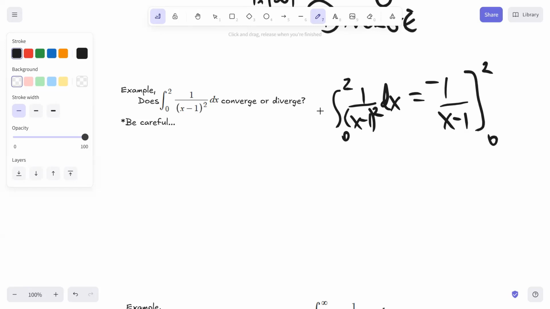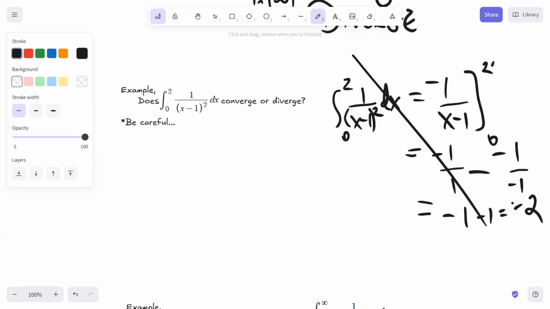Plug in 0 and 2 and subtract, so you have negative 1 over 1 minus negative 1 over negative 1, and you have negative 1 minus 1, so that's negative 2. But all of this is incorrect because at x equals 1, this function is undefined and has an infinite discontinuity.